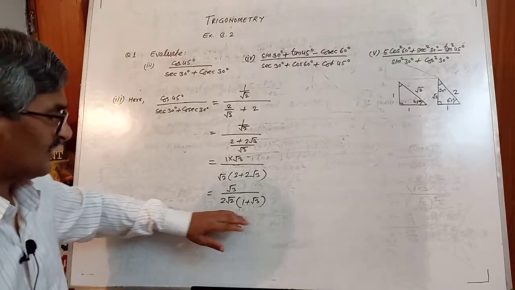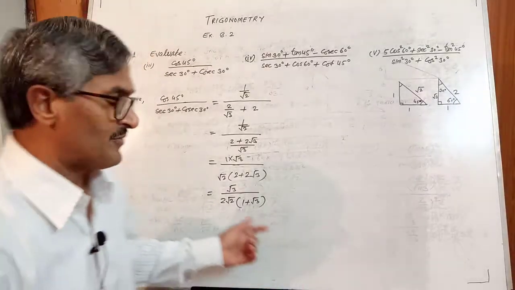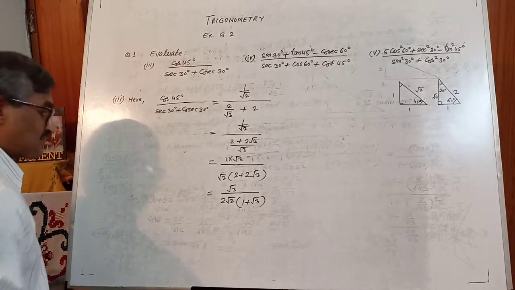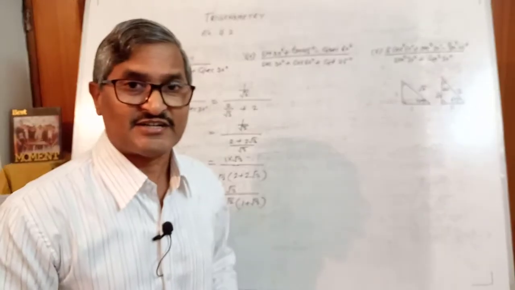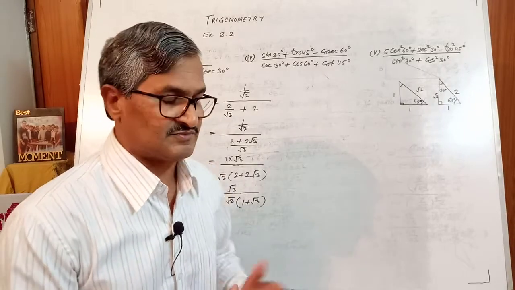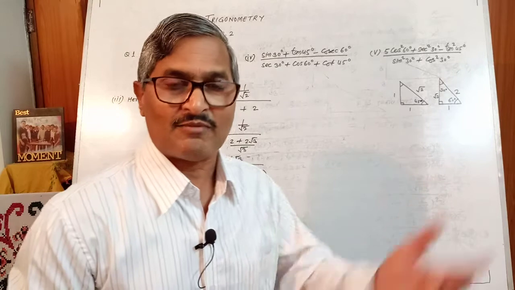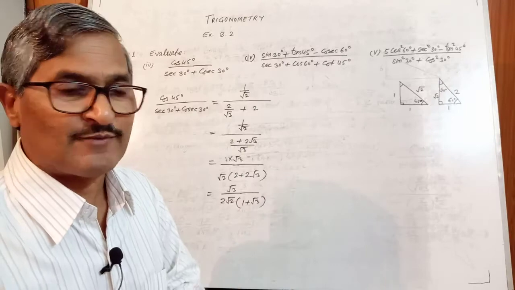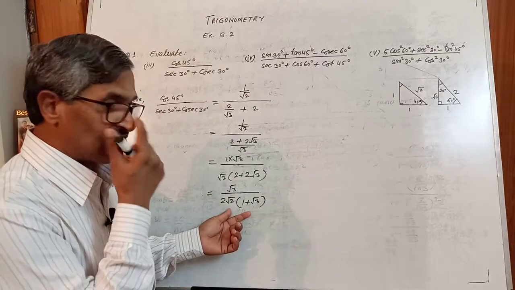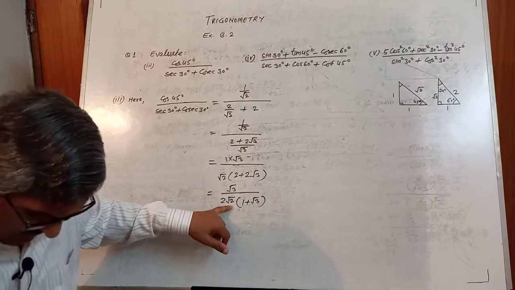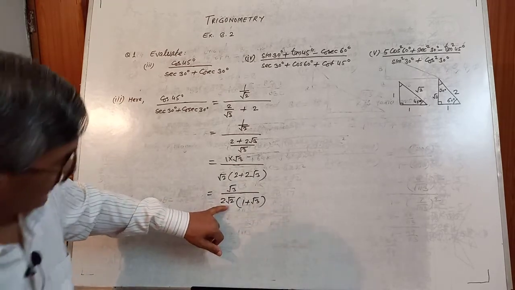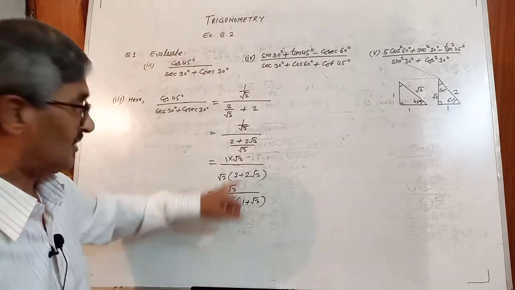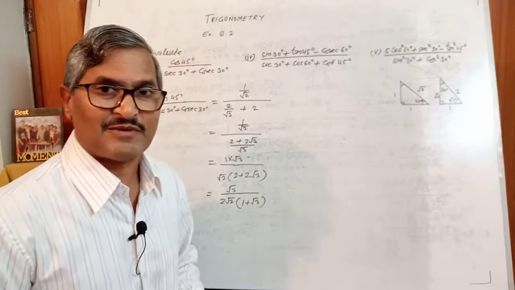The denominator is irrational, so you have to rationalize it first. You have learnt in chapter 1, or in 9th class, how the denominator is rationalized. You have to make a rational number here. Here, under root 2 is irrational. First you multiply by root 2, then this will become rational. Numerator and denominator are multiplied by root 2.